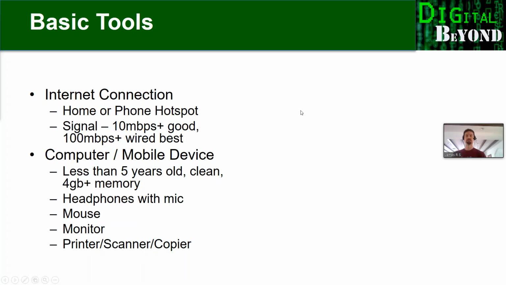Now, as far as your device, your computer, maybe your mobile device can work for you as well, but usually a computer, a laptop for many of us, maybe a desktop computer. You want to make sure it's not too old, so within the last 5 years or so is generally about that. Whether the PC may be good or not, you want to make sure that it's clean. And what do I mean by clean? Well, you want to make sure that there's not extra programs that might have been installed.